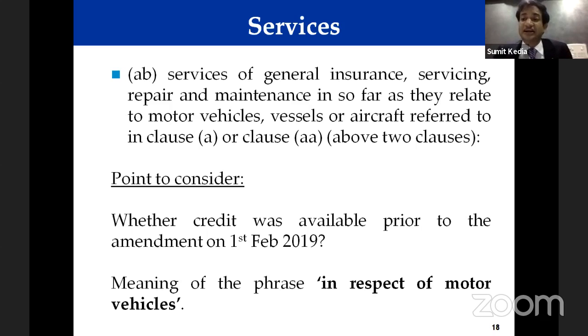Then for that truck, the insurance cost and repair costs, say I replace the tires, on all these GST, I will be eligible to claim credit. To summarize, if credit is not allowed on the vehicle, then on insurance and repair bills also credit will not be allowed. However, if ITC is allowed on the vehicle, then on repair and insurance also ITC will be allowed.